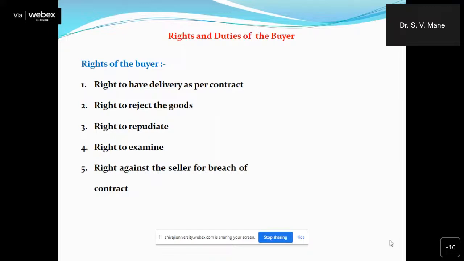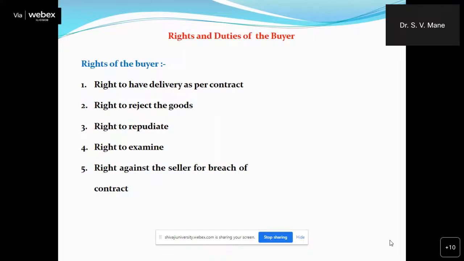Then second one is the right to reject the goods. If the seller delivers the goods to the buyer in larger or smaller quantity than he ordered them, the buyer may reject the whole, or accept the whole, or accept the goods of the quantity he ordered and reject the rest.